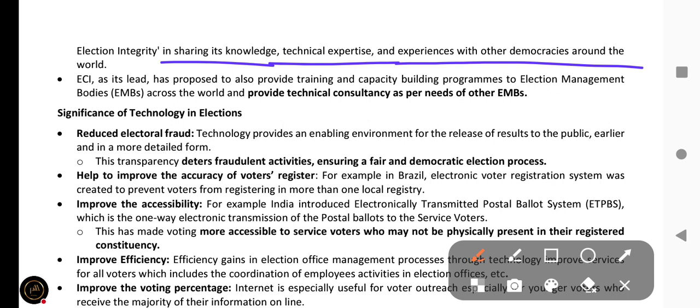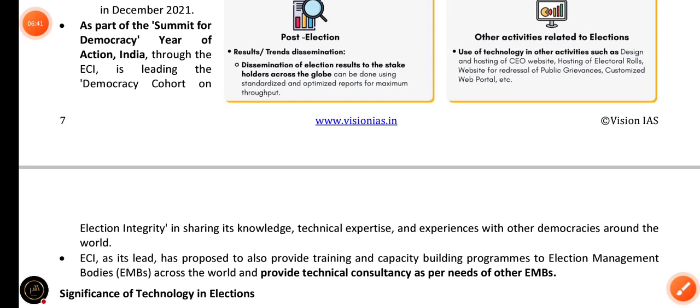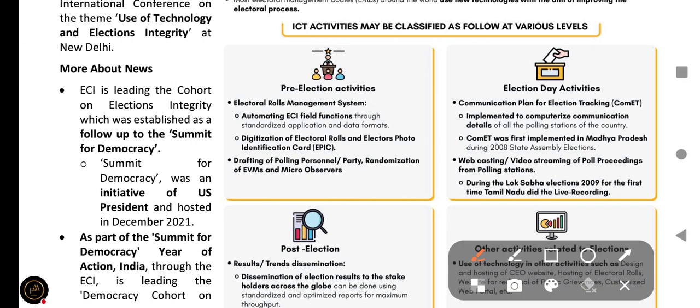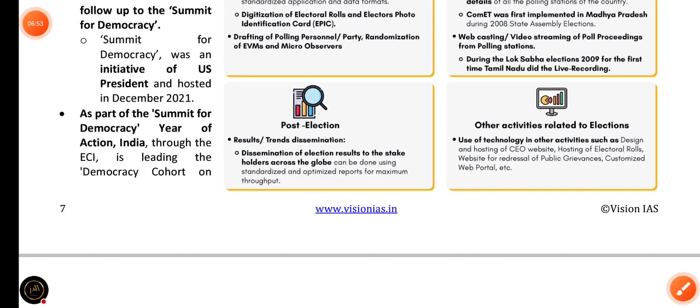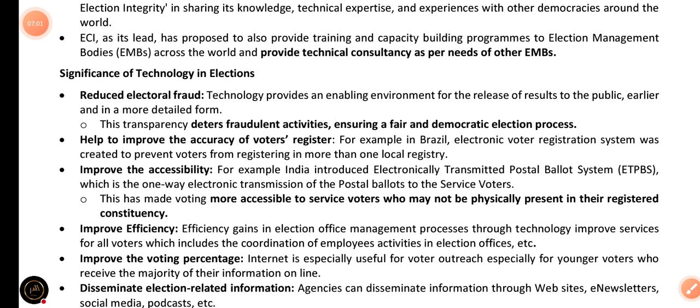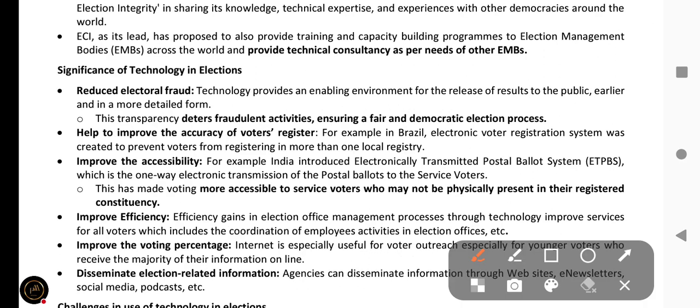So this is the value addition: Joe Biden headed the Summit for Democracy in December 2021, and India participated in this Summit. The Election Commission of India, as its lead, has proposed to also provide training and capacity building programs to election management bodies across the world and provide technical consultancy as per the needs of other election management bodies.